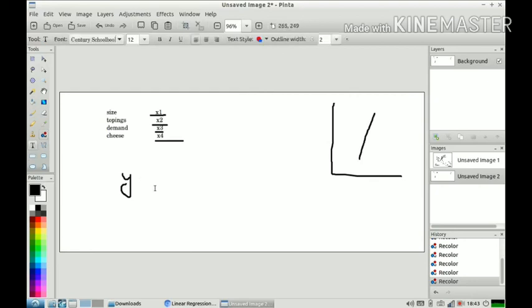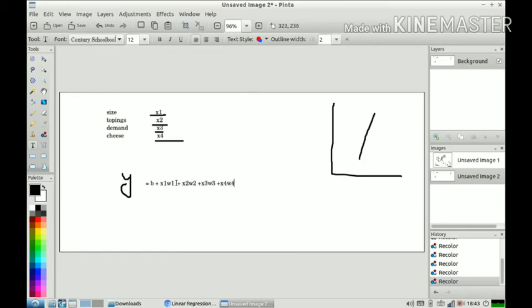Let me write it down: y is equal to b plus x1 w1, plus x2 w2, plus x3 w3, plus x4 w4.